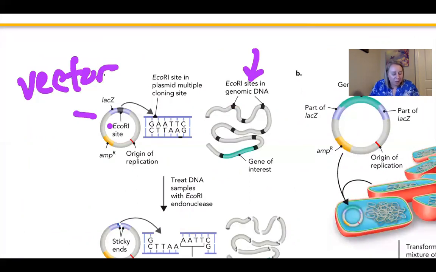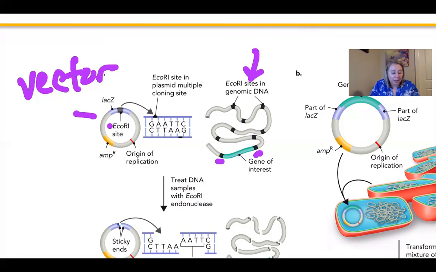And so what we have to find is a restriction enzyme that's on either side of our gene of interest and inside of our vector. And so a lot of vectors come with multiple restriction sites so that you can pick whatever works for you, right? And so we cut the vector with, let's say in this case, EcoRI.